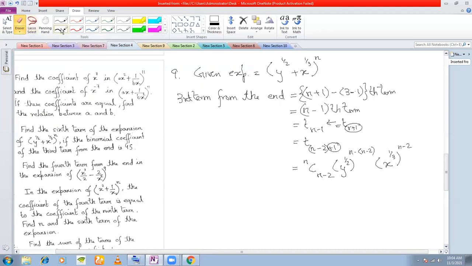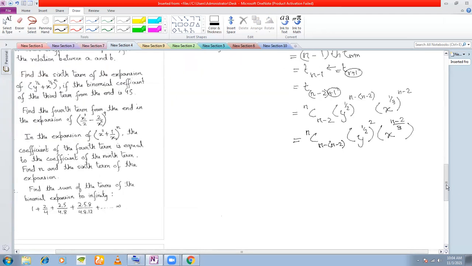So this is x to the power of 1/3 to the power of r. So now you can write this as nC n minus 2 into y to the power of half to the power of 2, because n minus n plus 2, n will cancel here, and this you can write as x to the power of n minus 2 by 3, right?